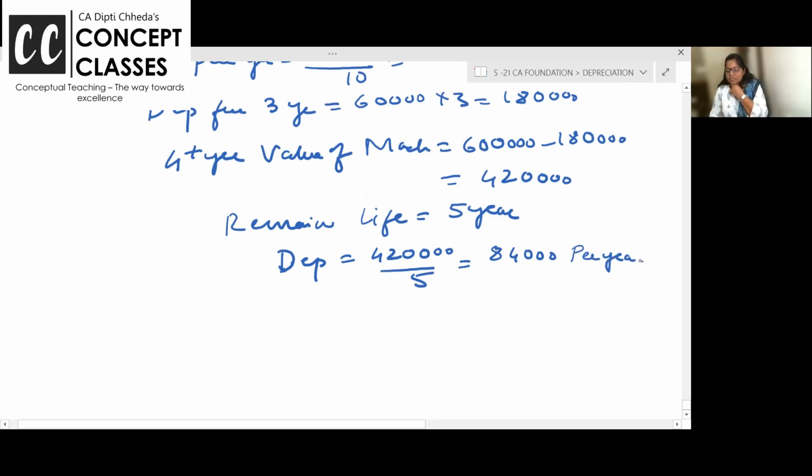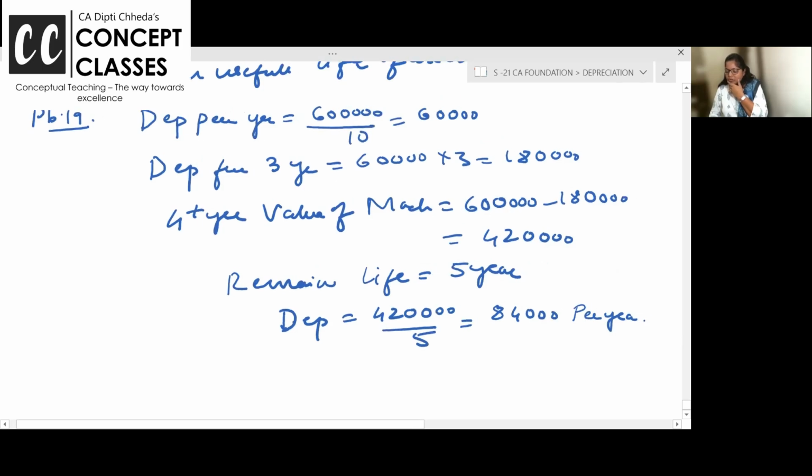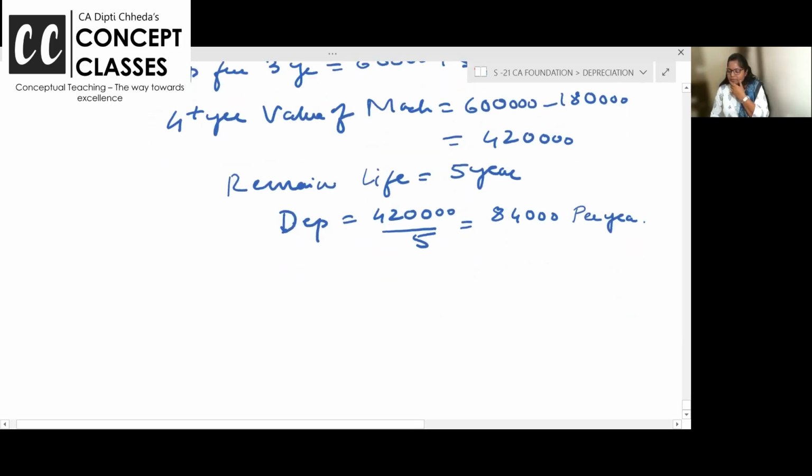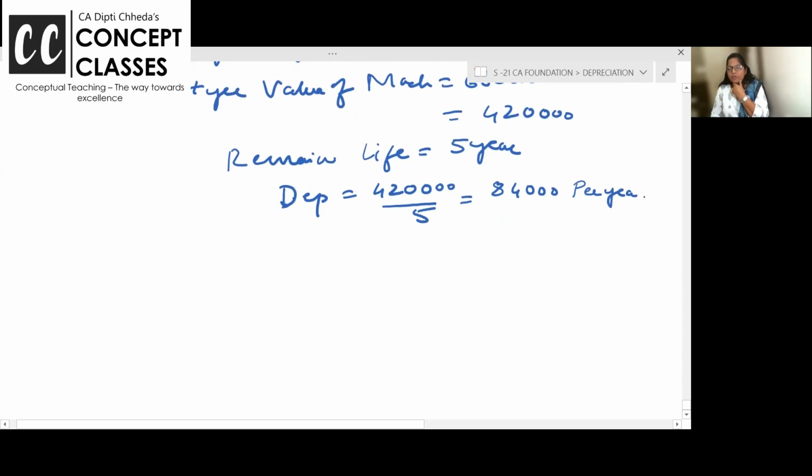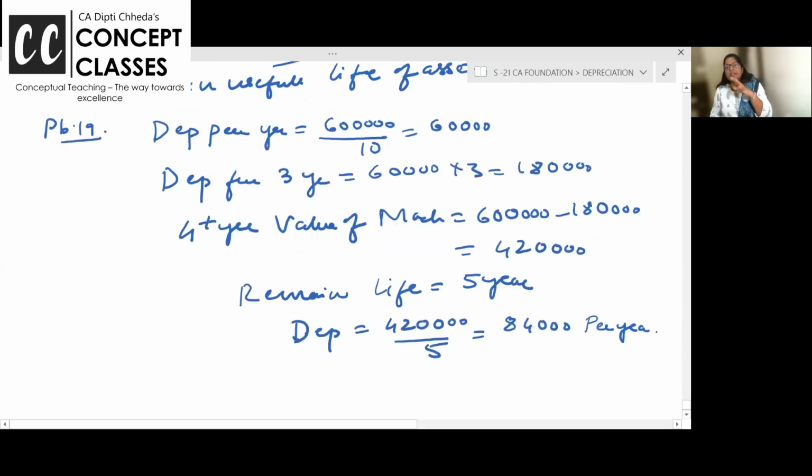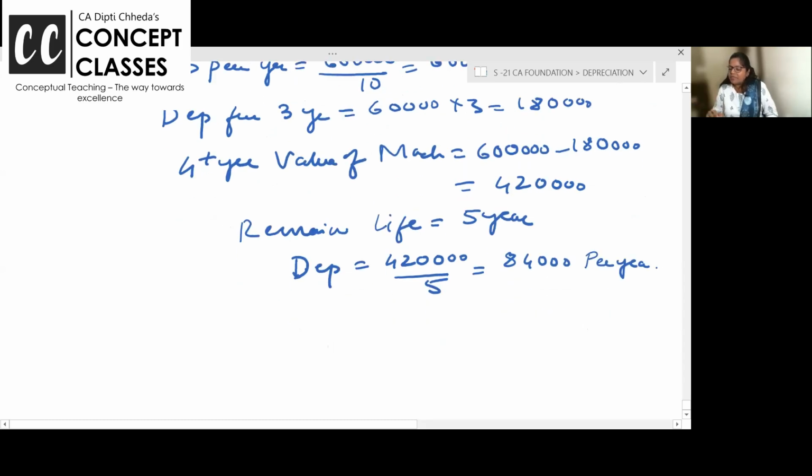From now onwards, it will be 84,000 per year. Clear to all of you for the 19th problem? Easy? Depreciation already charged, if you deduct it you will get the WDV today. And now onwards the life is not 7 years, it is 5 years, so divide by 5. Simple.